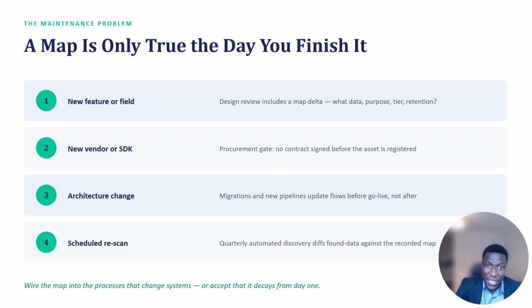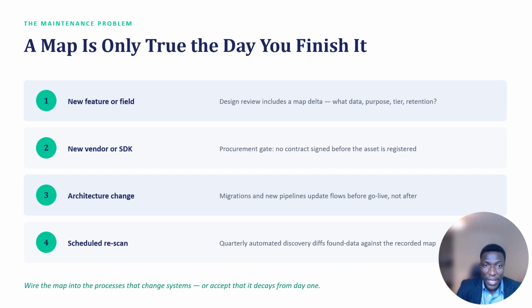The fix for this is wiring updates into processes that change systems. For example, when a new feature or field is being added, the design review should include a map delta, so as to understand what type of data is being added, what the purpose is, what tier it falls under, and what the applicable retention period is.